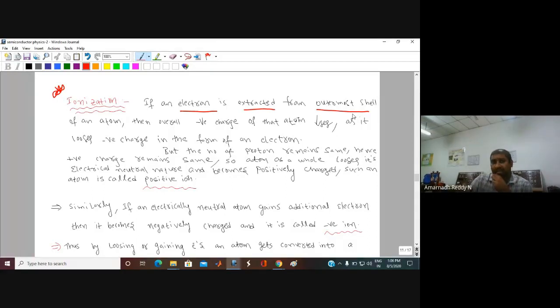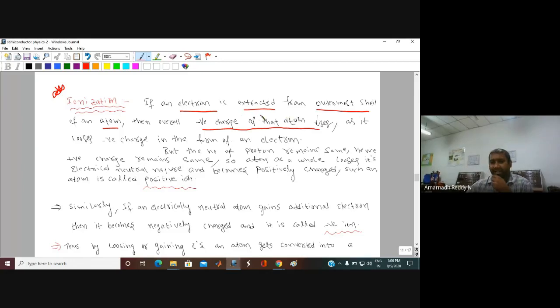If an electron is extracted from the outermost shell of an atom, then, listen carefully, the overall negative charge of that atom decreases. Why? Because we are extracting an electron. On average, an atom is electrically neutral, but what happens in the process?